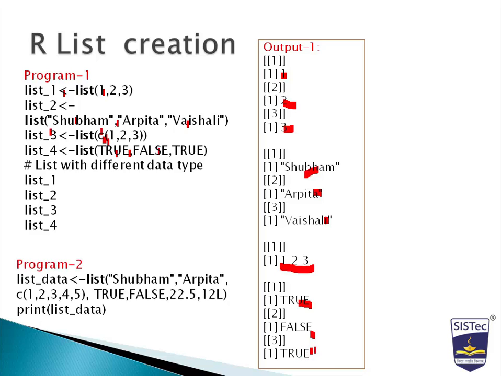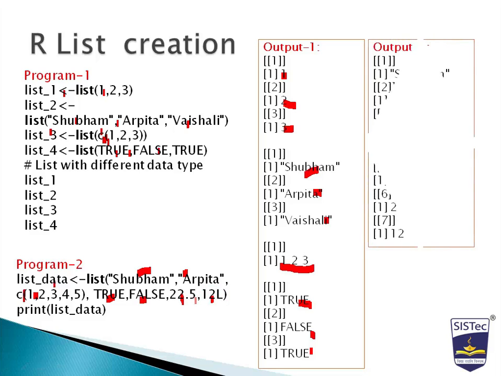Now the second program. Here we combine list data using the list function, where we can store two character names. Then using the c function we insert five numerical values, two boolean values, one fractional value and one integer value, and we print this hybrid list.